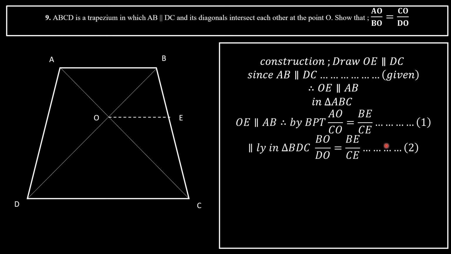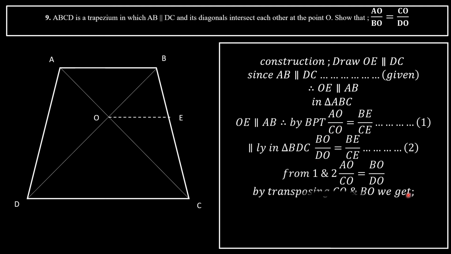This is equation number 2. So from 1 and 2, we see that BE upon CE is the same on the right-hand side in both equations. Means BE upon CE is equal to AO upon CO as well as the ratio BO to DO. So these two ratios are also equal. So from 1 and 2, we can write that AO upon CO is equal to BO upon DO.